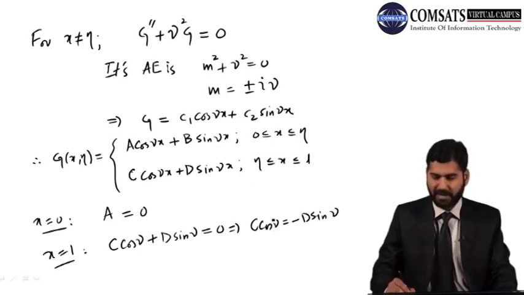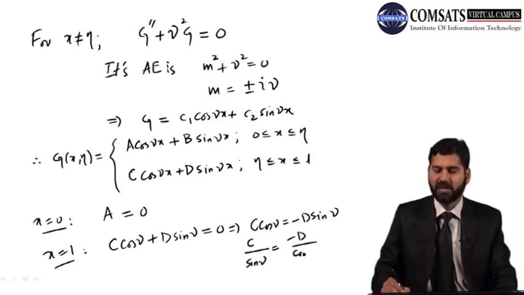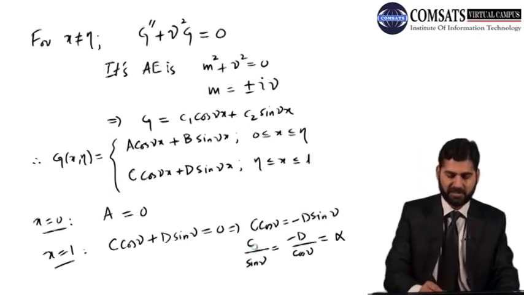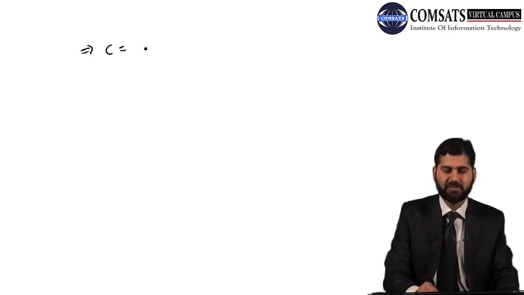So if you divide by sine nu, c over sine nu should be equal to negative d over cosine nu, and call it equal to alpha. All right. So you can now find the value of c and d in terms of alpha. So this implies that c is equal to alpha sine nu and d is equal to minus alpha cosine nu.